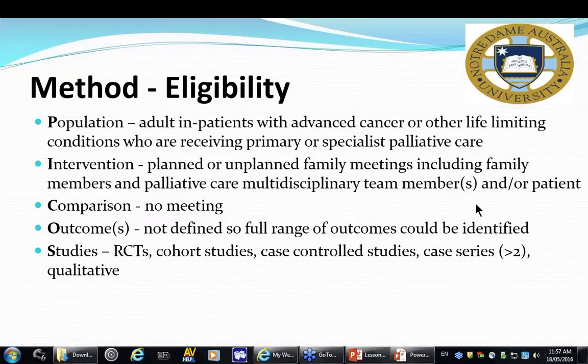The comparison, the outcome, well, the primary outcome was whether they actually were having the conversation. And then we had a bunch of secondary outcomes of the attitudes and the practices of the GPs and the knowledge of the GPs, and possibly the barriers to having that conversation. So the outcome section got a bit broader. And then the studies.